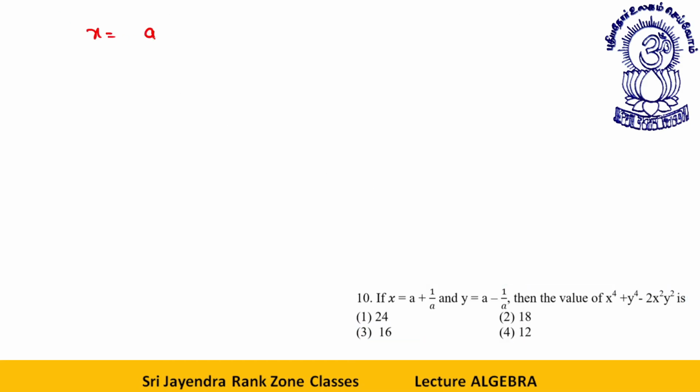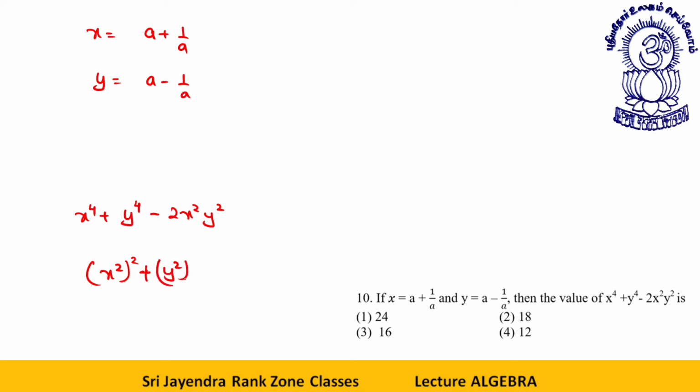We have x is equal to a plus 1 by a, y is equal to a minus 1 by a. What do we need to find? We need to find x to the power 4 plus y to the power 4 minus 2x square y square, or I can say I need to find x square whole square plus y square whole square minus 2 into x square and y square.